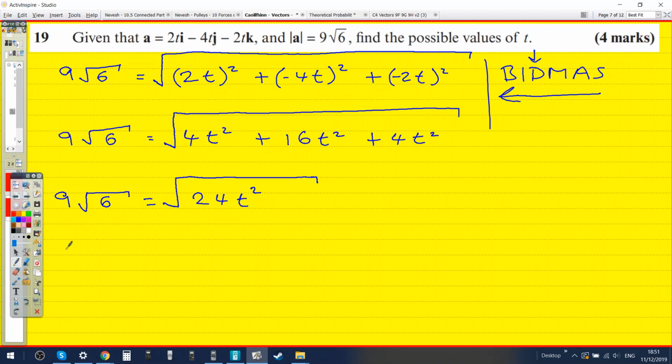If we do nothing to this, like this bit here, we could split it into 2: root 24 root t squared. I think this is the thing you were thinking of. And so the square root and t squared cancel each other out, and you're left with 9 root 6 is equal to root 24t.